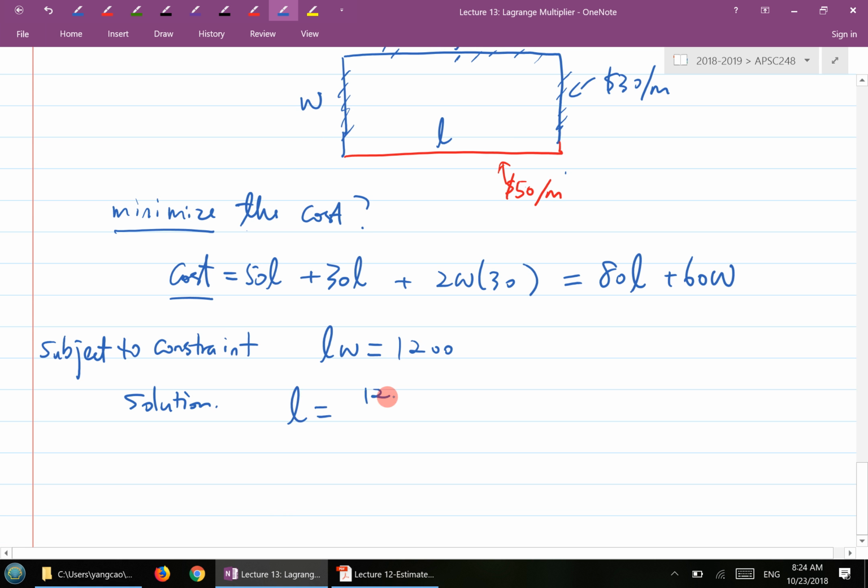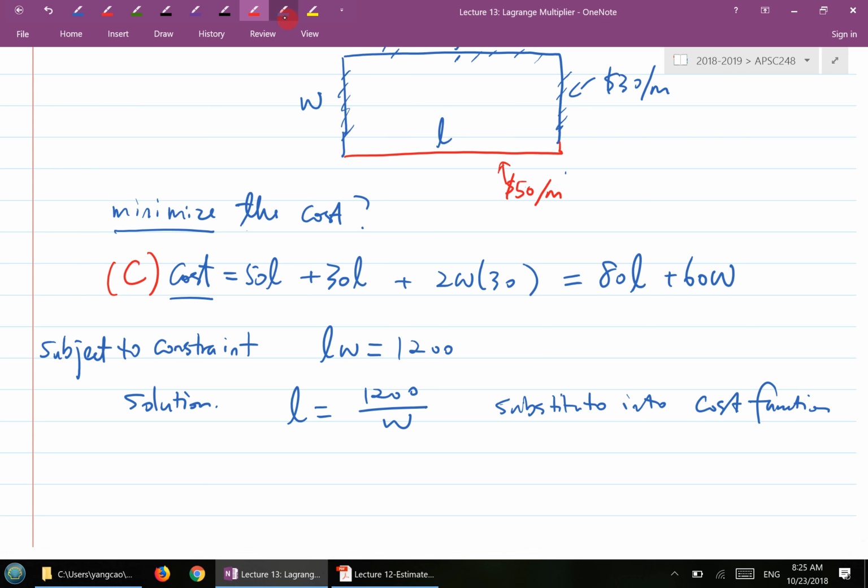From the constraint, we can obtain L, which is 1,200 divided by W. Then I'm going to substitute this L into the cost function, which is 80L plus 60W. Let's call this C, the cost.